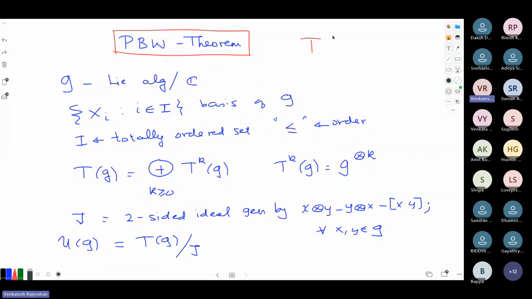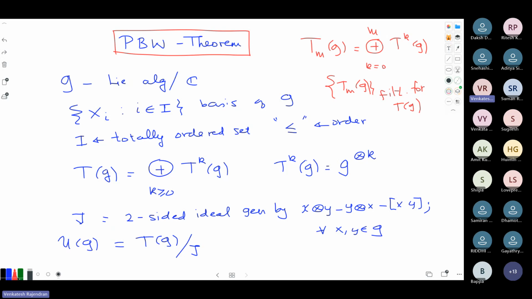We define T_m(g) to be the direct sum of the graded spaces T^k(g), with k varying from 0 to m. Then T_m(g) gives a filtration for T(g). Taking the image of that filtration under the quotient map from T(g) to U(g) gives a filtration for U(g).